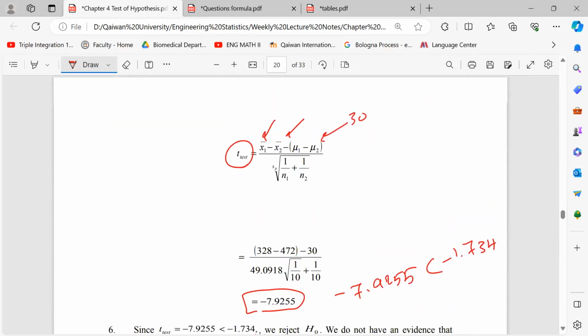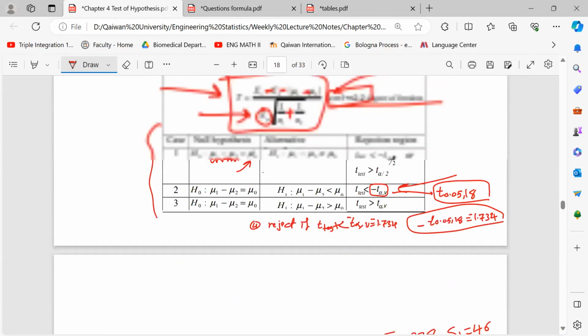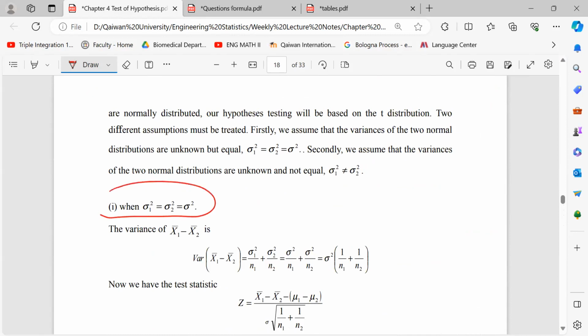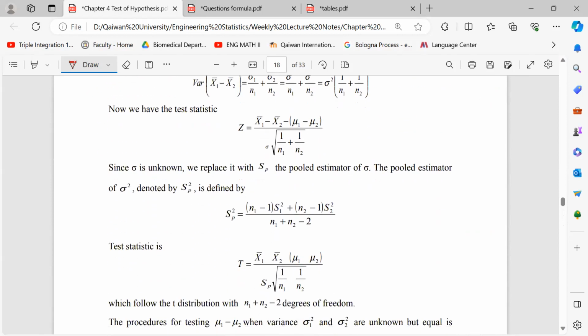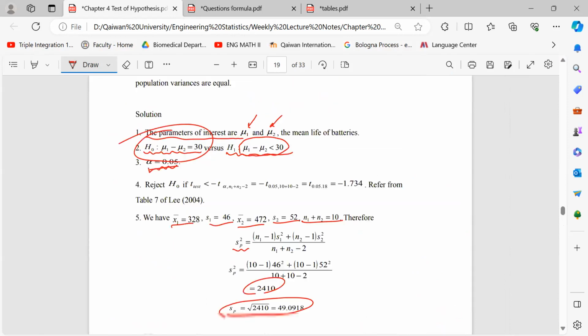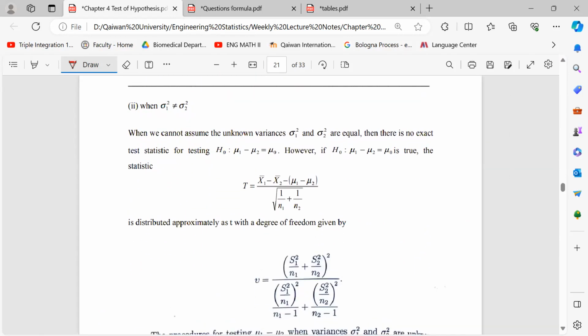Here, this one was about if the variances are equal, if both populations have the same variance. But if the variances are unequal, it is a different case.